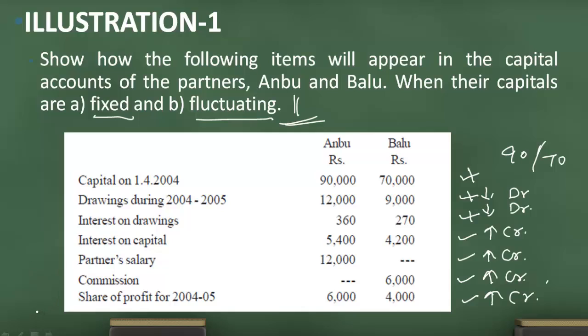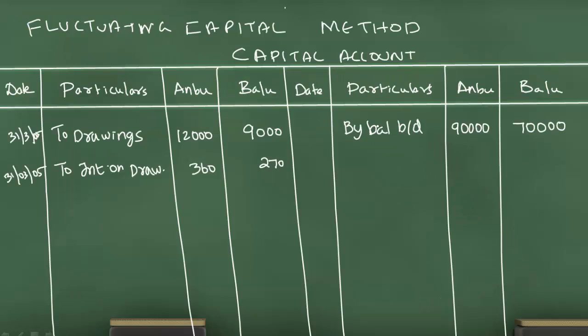And what about the share of profit? This is also something which is going to improve the capital of the partner. So all the four items should find a place on the credit side of the partner's capital account. But here the thing is, Mr. Balu does not have salary and Mr. Anbu does not have commission. So we have to just keep that in mind. So let us write by interest on capital.